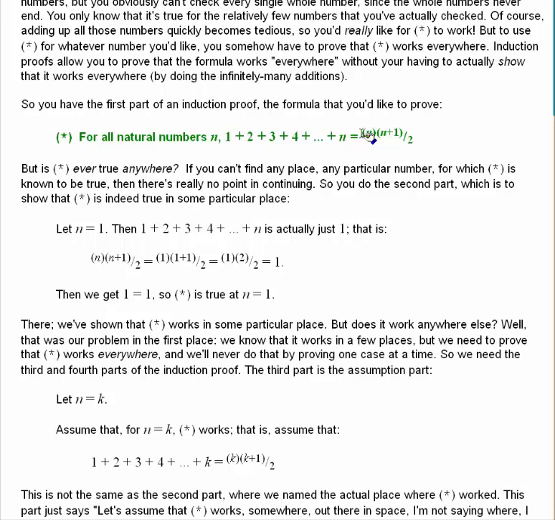And if I plug n equals 1 on the right-hand side, I get, as they show here, 1 times 2 over 2, which is equal to 1. So the formula does work for n equals 1. That's the first component in an induction proof. You have to show that your general formula is true for a specific value of n, and usually you take n is equal to 1. Okay? All right, so now that's the second step.